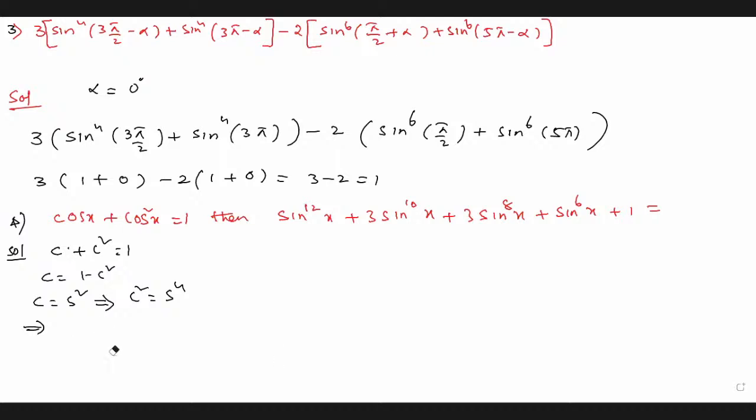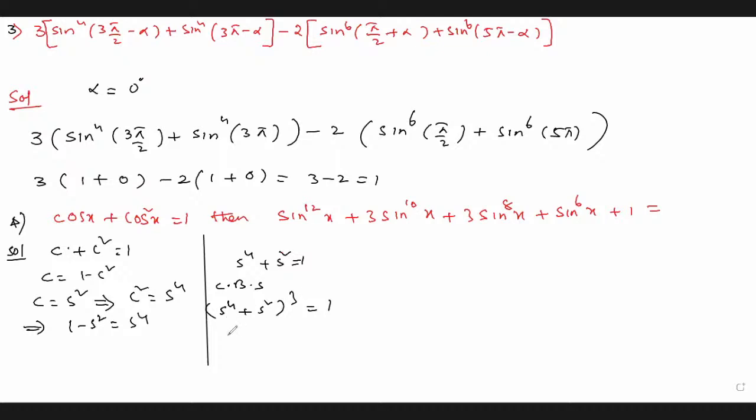Observe. 1 minus sine square theta is equal to sine power 4 theta. Now transform that to the left-hand side. You are going to get sine power 4 plus sine square minus 1 is equal to 0, or sine power 4 plus sine square is equal to 1. Cubing on both sides, we get sine power 4 plus sine square whole cube is equal to 1 cube.